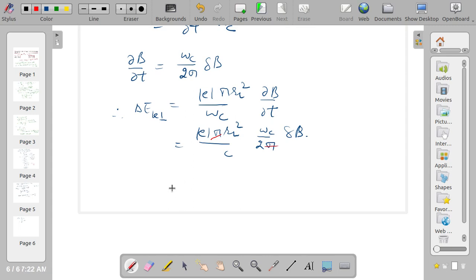So therefore, this equation will become E r L square over C, omega C, delta B.